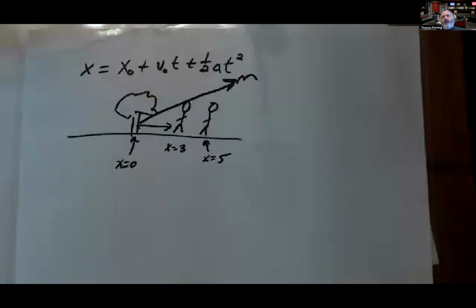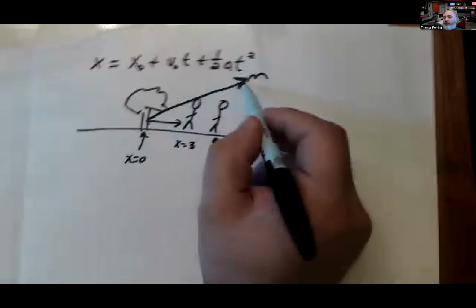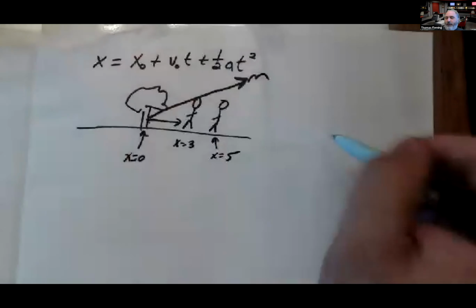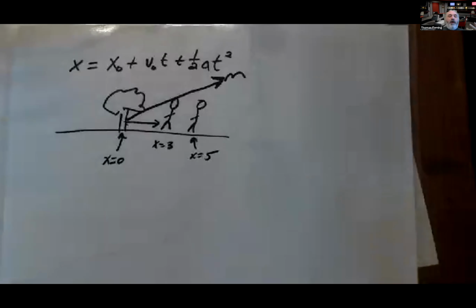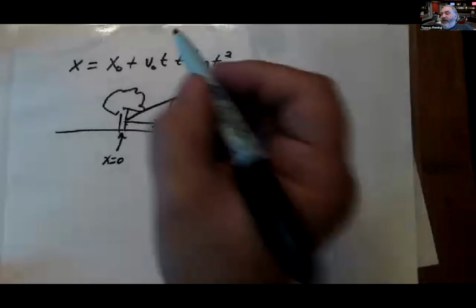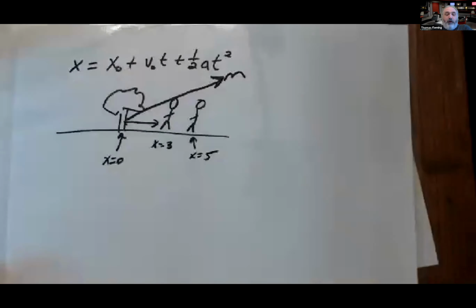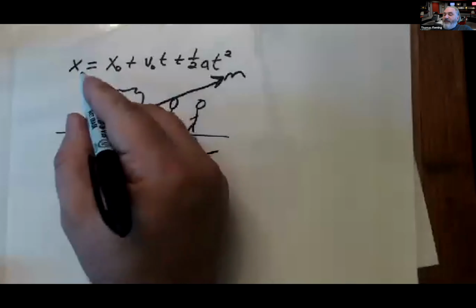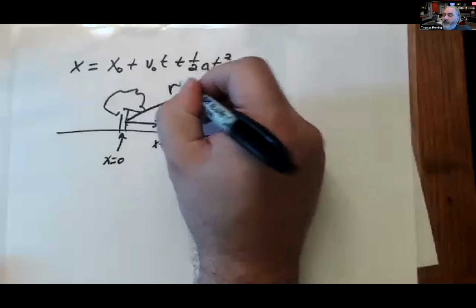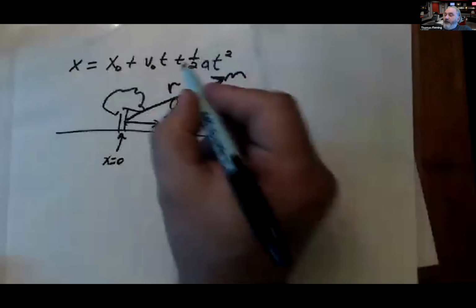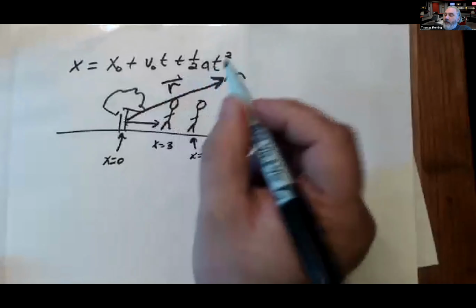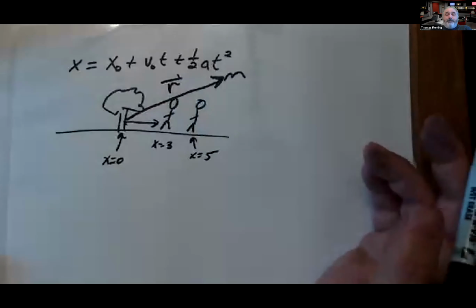And we don't want to use x to represent this vector because x is usually just sideways. And we wouldn't want to use y because y is usually just vertical. So traditionally what we'll do is we'll replace all the position references in our equations where we used to have x's, we'll replace them with r's. And we'll call this r my position vector.